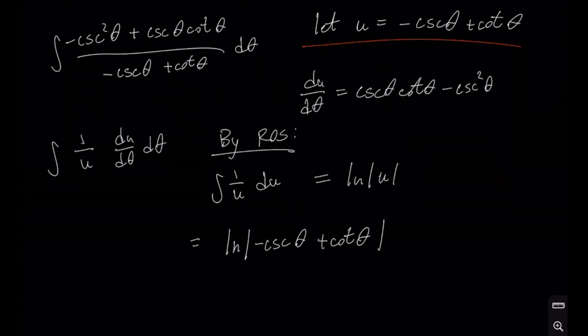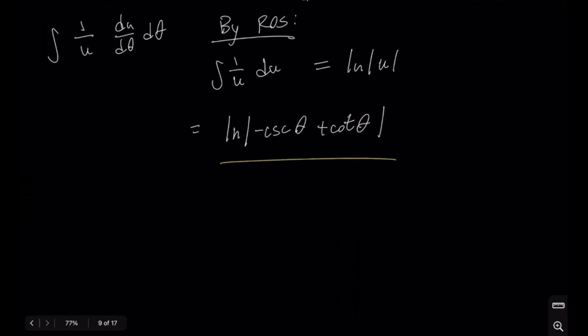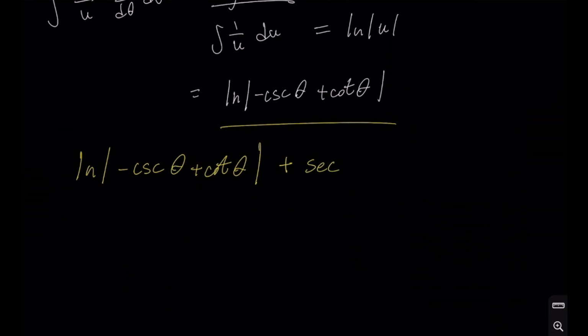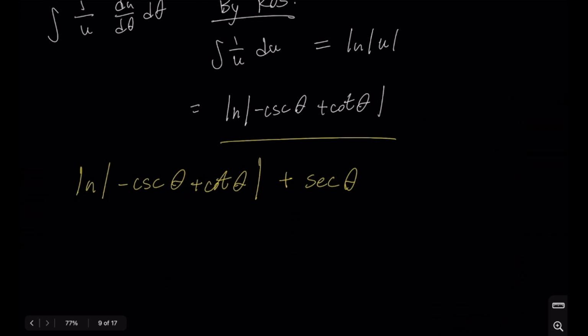I'm going to hold off on the plus c again, because when I add it up together, I have the right-hand side and I have the left-hand side now. So I have secant theta plus this ln. My final answer will be ln of the absolute value of negative cosecant theta plus cotangent theta, and then I add secant theta.